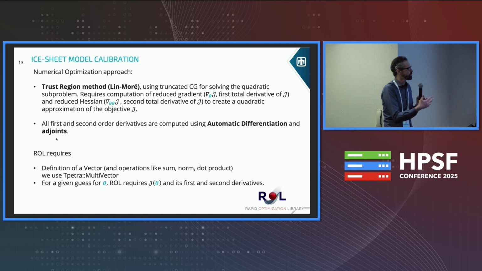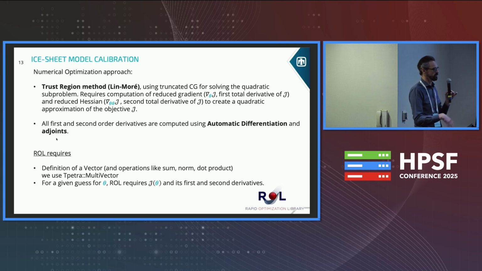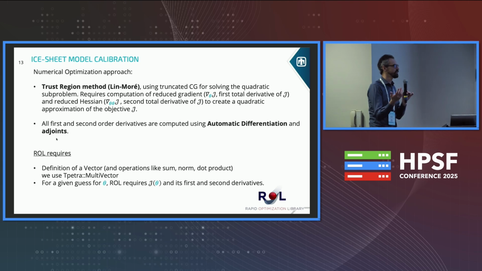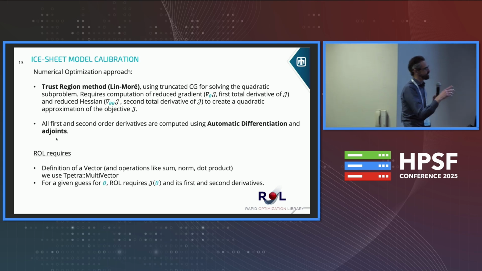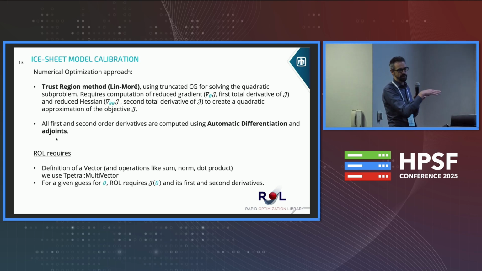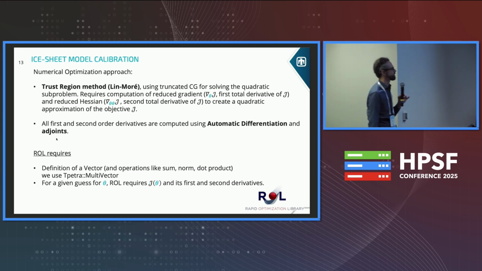What you need to do is, first of all, define a vector and the typical operations that you would want to do on a vector, like sum, norm, dot product, scale it by a quantity. For this case, we use a Tpetra multivector. In reality, we use a Thyra vector, but the concrete implementation is a Tpetra multivector.